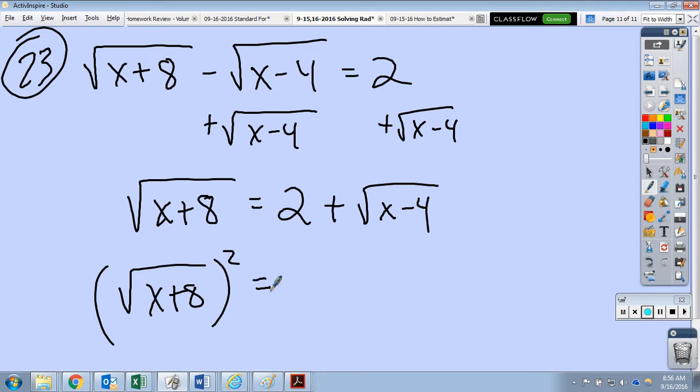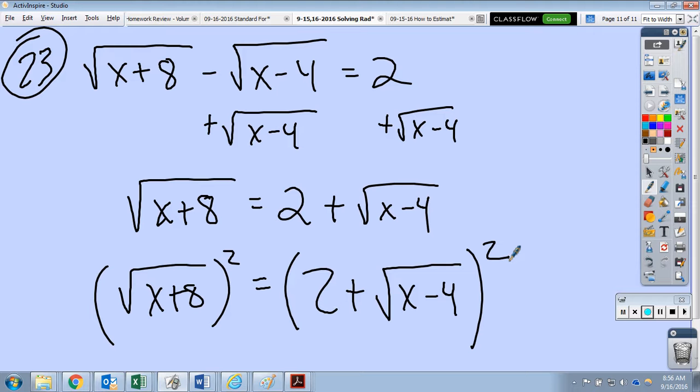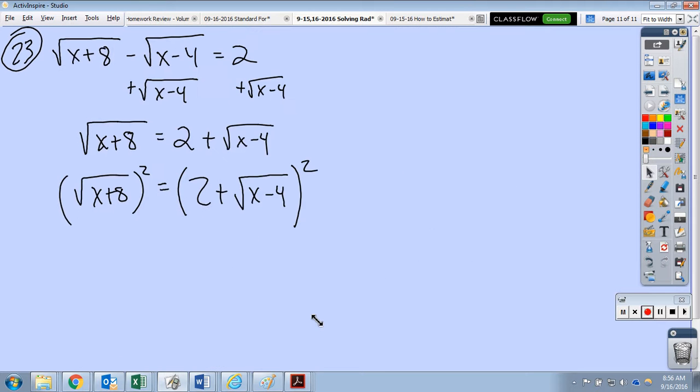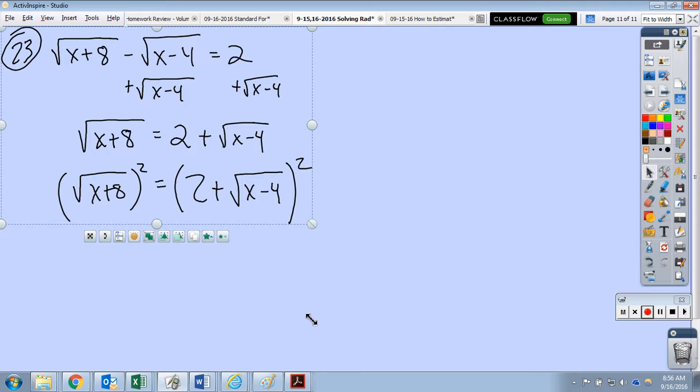And that should be equal to, now this is where you guys have to be careful. I see some silly mistakes being made by some of you. You're squaring the entire left-hand side and the entire right-hand side. So if I square this, it drops the radical.